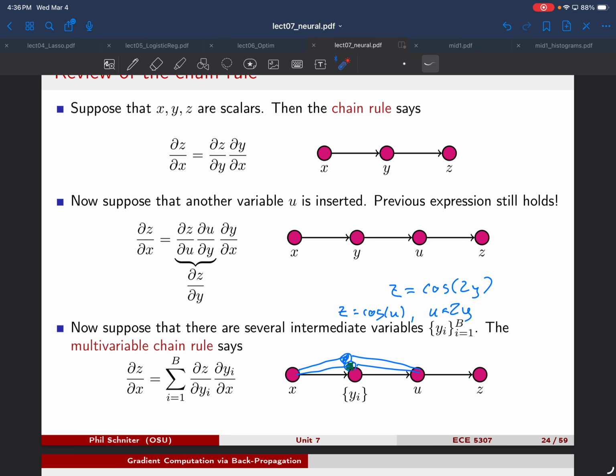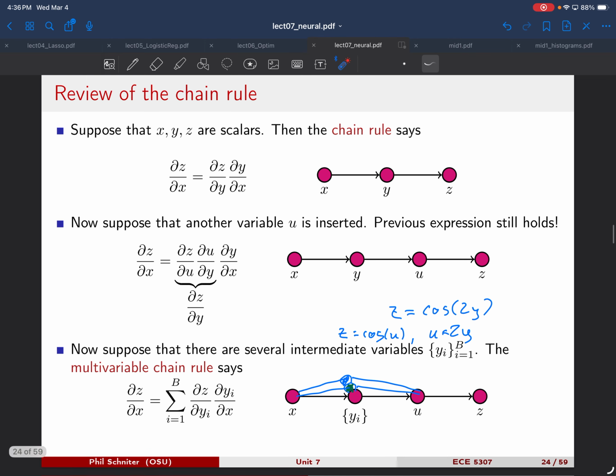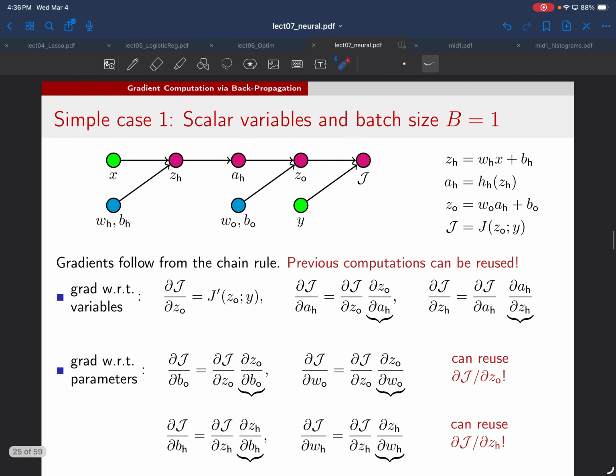Okay, great. All right, is everybody with me so far? So these are the things to keep in mind. Now what we're going to do is go through the backward pass, also known as back propagation, for a simple version of our two-layer MLP, where all the variables are scalar, and we have a batch containing only one element.